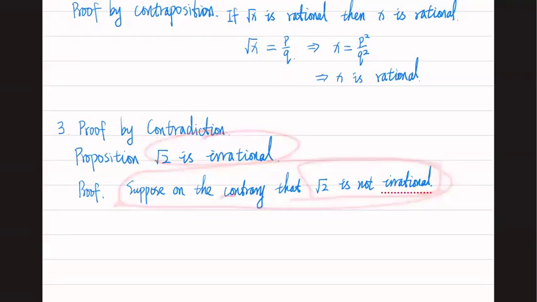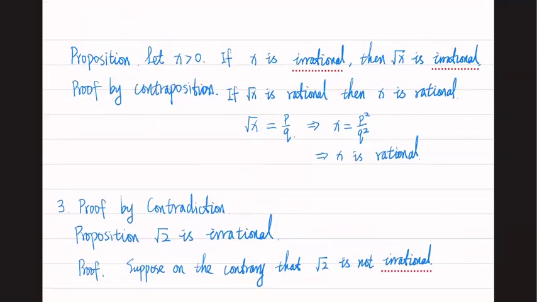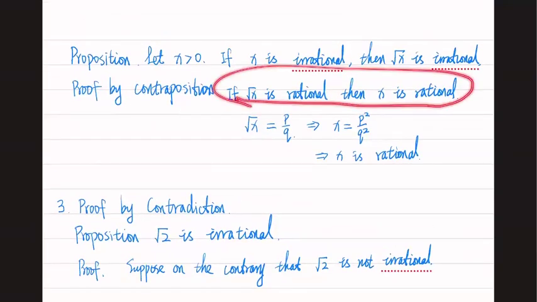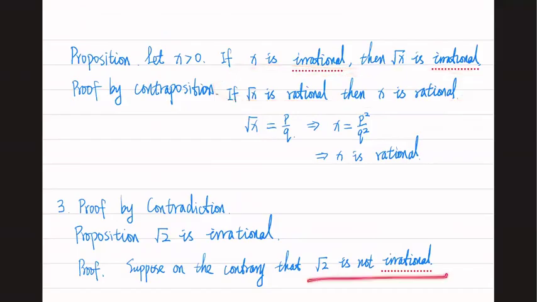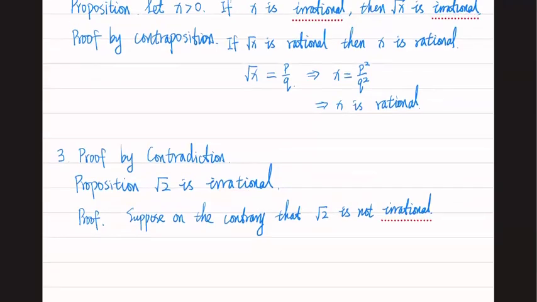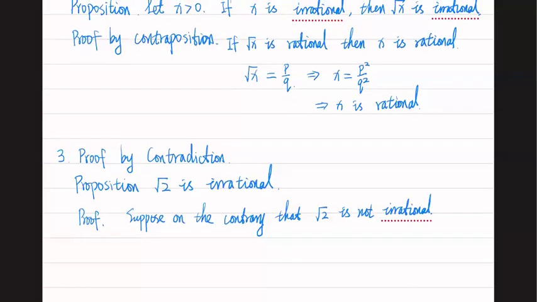Like the previous one, that was the contraposition of the statement, but this is not a contraposition. It's just the negation of the conclusion. So it's not irrational, it must be rational.